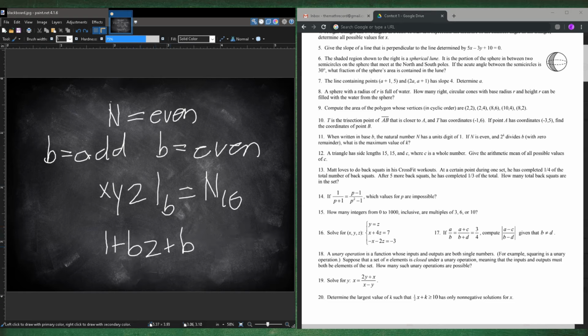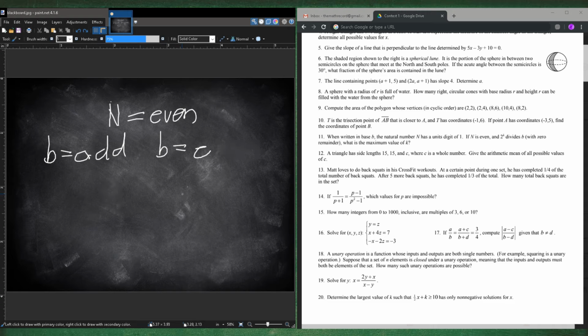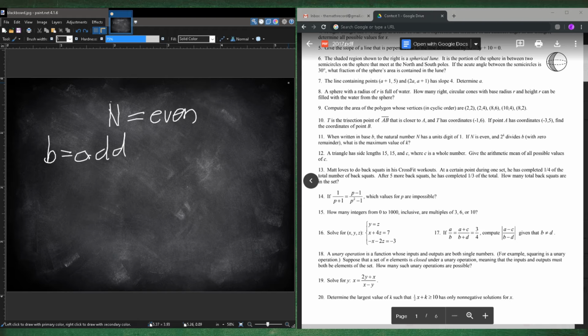Okay? So if B is odd, let's go on to the second part. If n is even and 2 to the power k divides b with 0 remainder, so b divided by 2 to the power of k has a remainder of 0, right? So b is odd, as I told you. The only way for an odd to have no remainder is if it's divided by another odd. Because odd divided by even is going to have a remainder of like 1 left over.